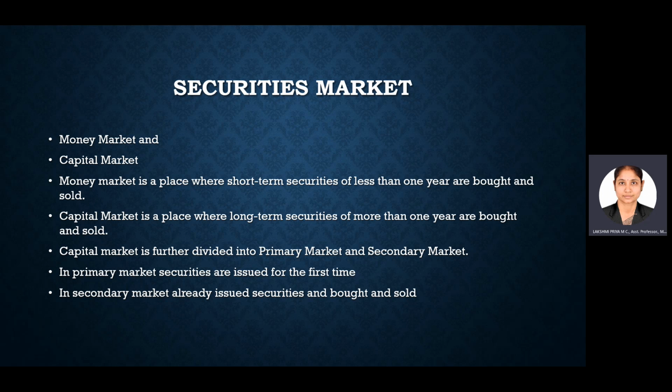Risk averse means someone who doesn't like to assume higher risk. He is called a risk averse investor, and his objective would be the safety of his principal amount. But risk takers, whoever is ready to assume higher risk, their objective would be to earn a higher rate of return in the form of capital appreciation.